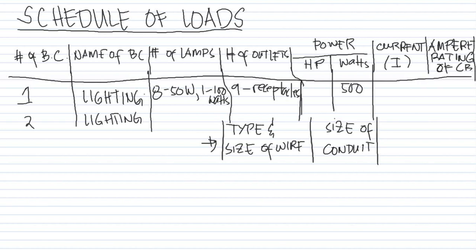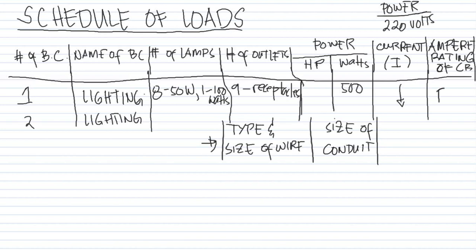Next, for the current, the solution would be power divided by the voltage, 220 volts. And you will get the current. So, I want you to solve this one. And then for the ampere rating, you will look at the table for the ampere rating of circuit breakers.